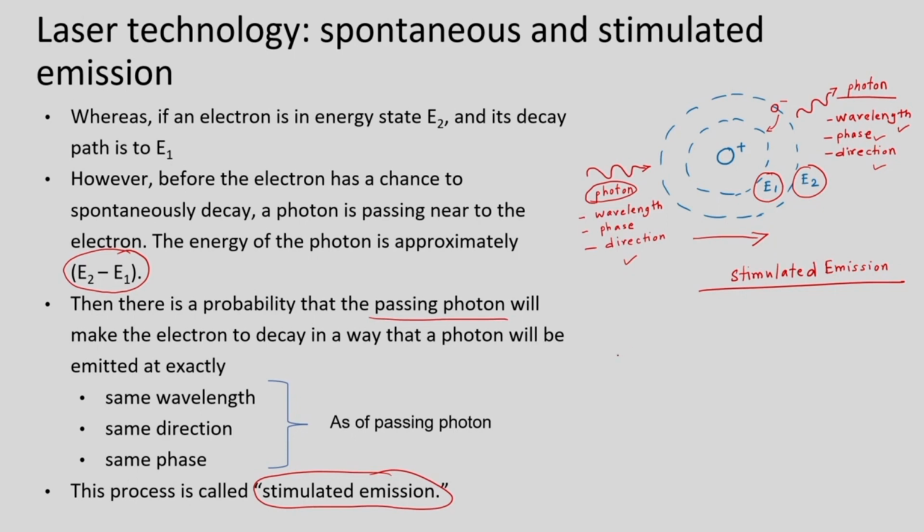So, ultimately a single photon comes over the atom and we get two photons at the end of the operation: P1, which is passing over, and P2, which is generated during the decaying operation.